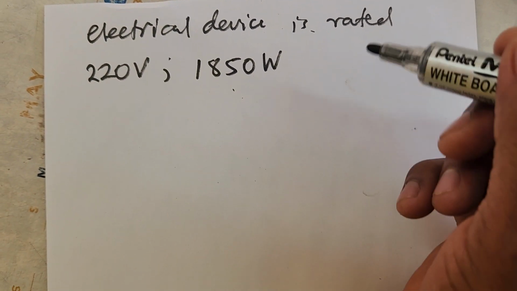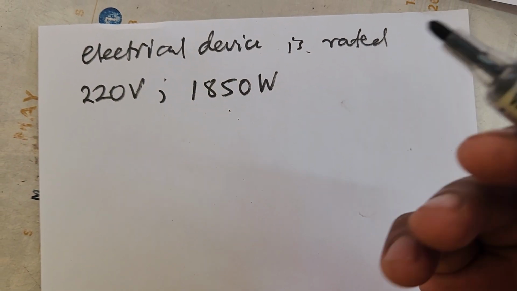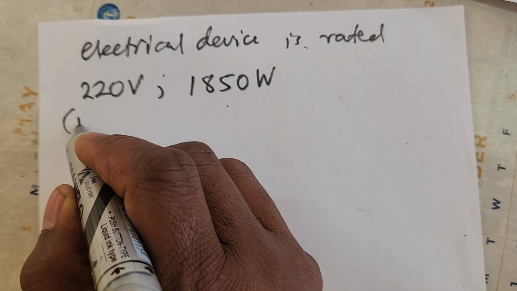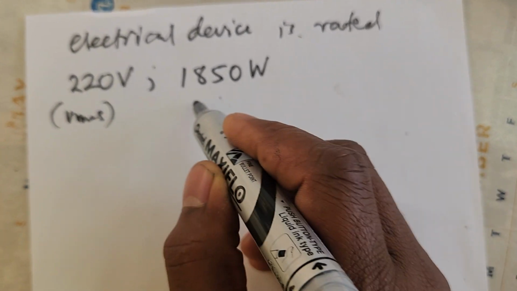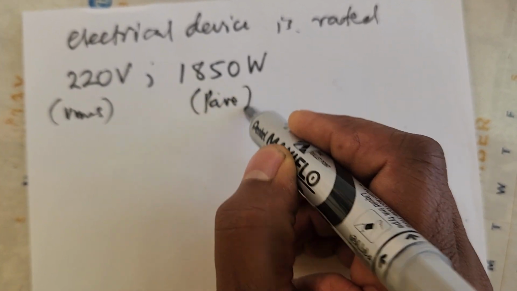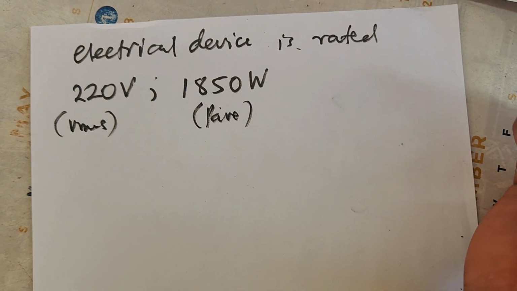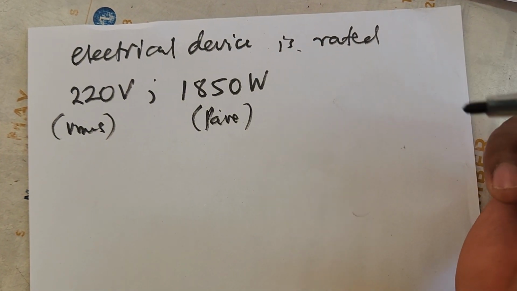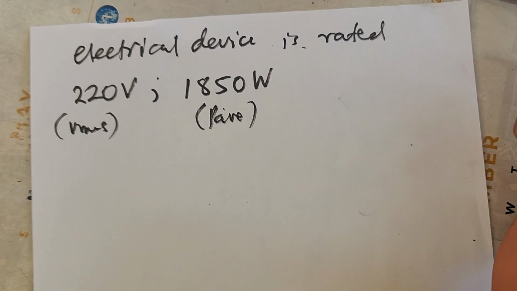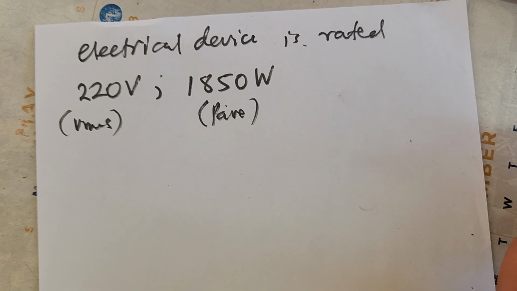Remember, we said the rating on devices, this will be my VRMS and this one will be the average power. That's what you should know. The rating on the devices is not the maximum, it will be the average power and the VRMS.